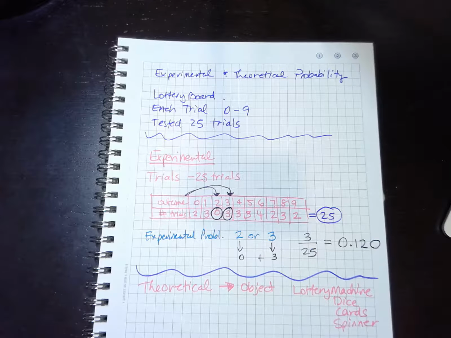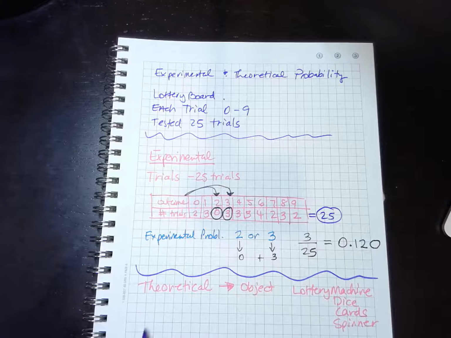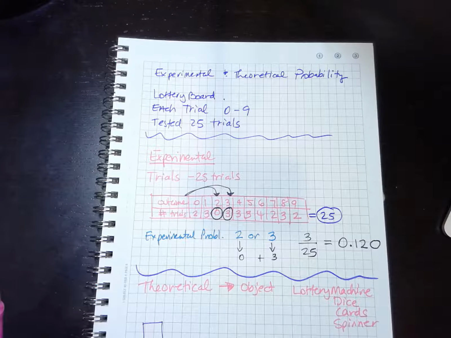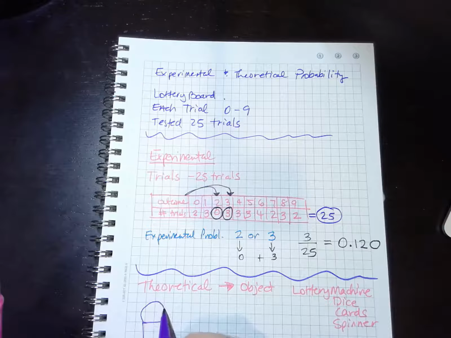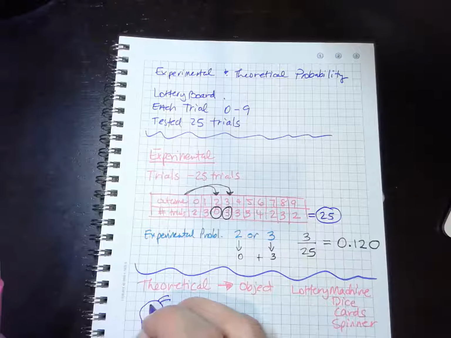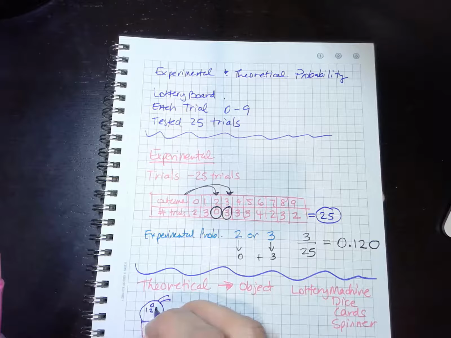So when I look at the object, I'm thinking, oh, okay, so they're talking about one of those lottery machines. So like they have that lottery machine, and they have some kind of ball, and then the little numbers shoot out of that little slot. Okay, so inside of this lottery machine, there's 0, 1, 2, 3, 4, 5, 6, 7, 8, and 9.